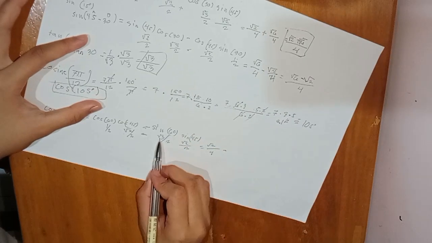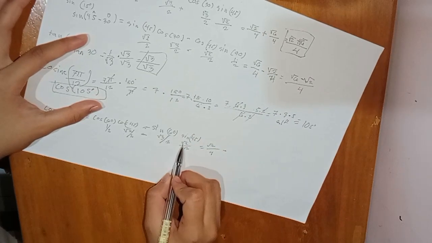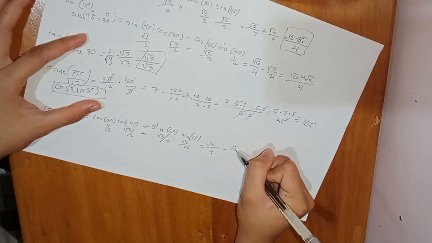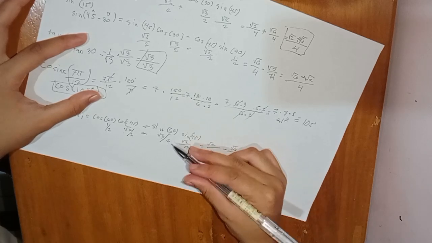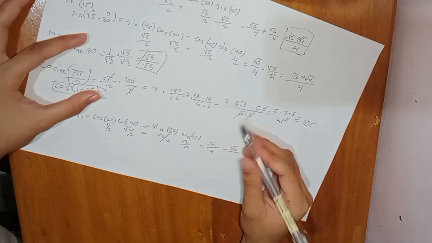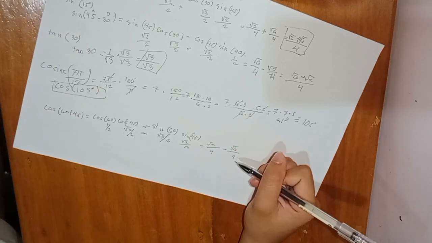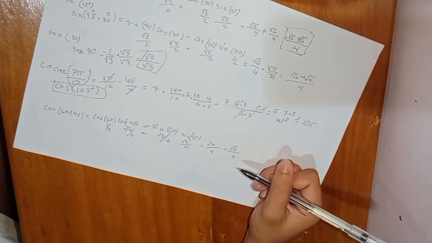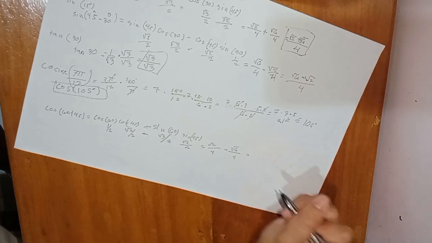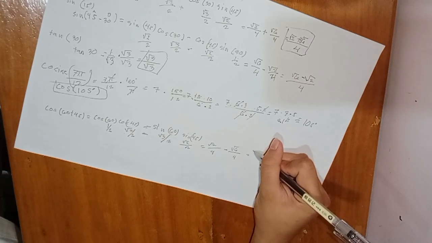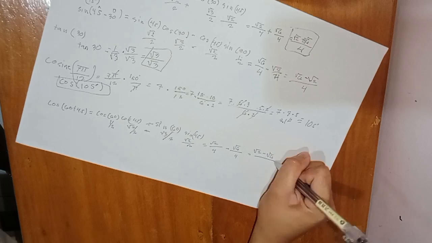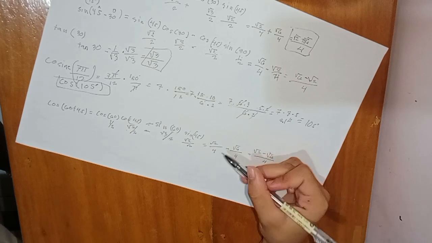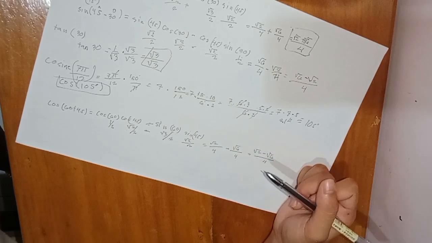Square root of 3 times square root of 2 is equal to square root of 6, and the denominator is 4 because 2 times 2 is 4. So the final answer is square root of 2 minus square root of 6 over 4. Because they are the same denominator, we just copy it.